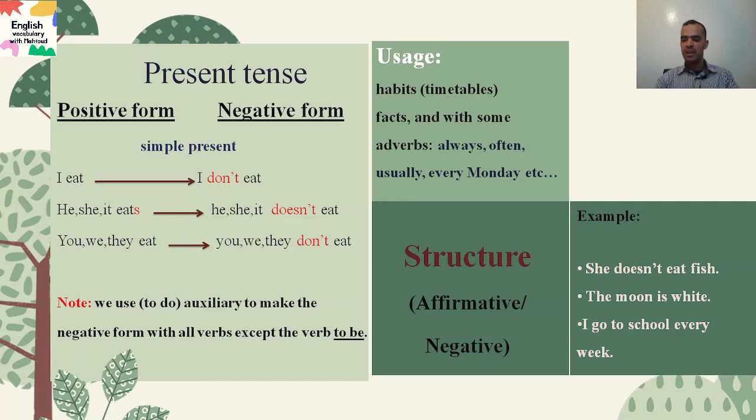All these adverbs help us to use the simple present, like I go to school every week, as is shown in this example. So every is an indicator, an adverb that helps us to use the simple present, of course. And in general, adverbs help us to choose the right tense. Adverbs play a big role in English.